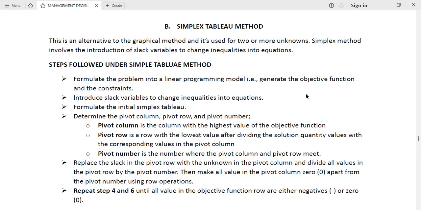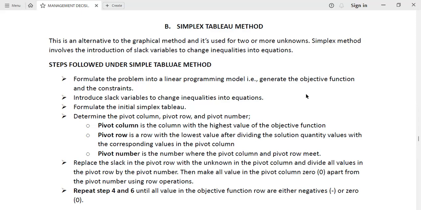So, when the examiner brings a question where we have one limiting factor, we said we use decision making under the limiting factor. But if you see that you have two unknowns, in other words, when you have more than one limiting factor, we use linear programming.